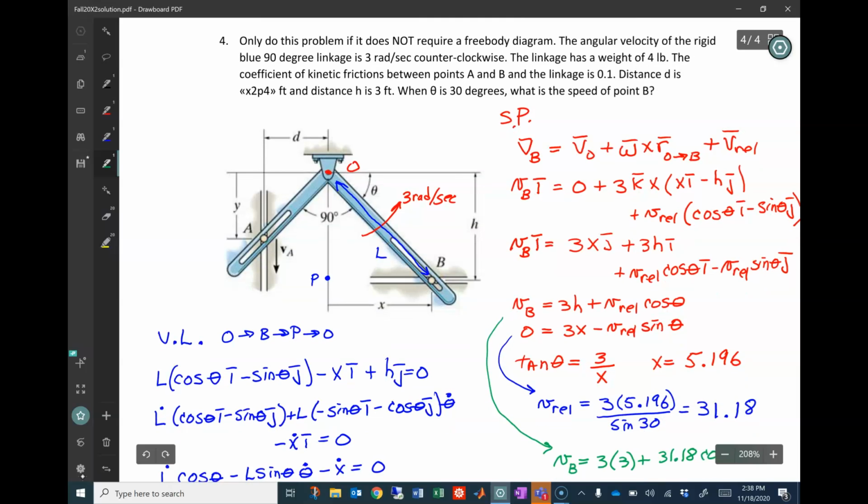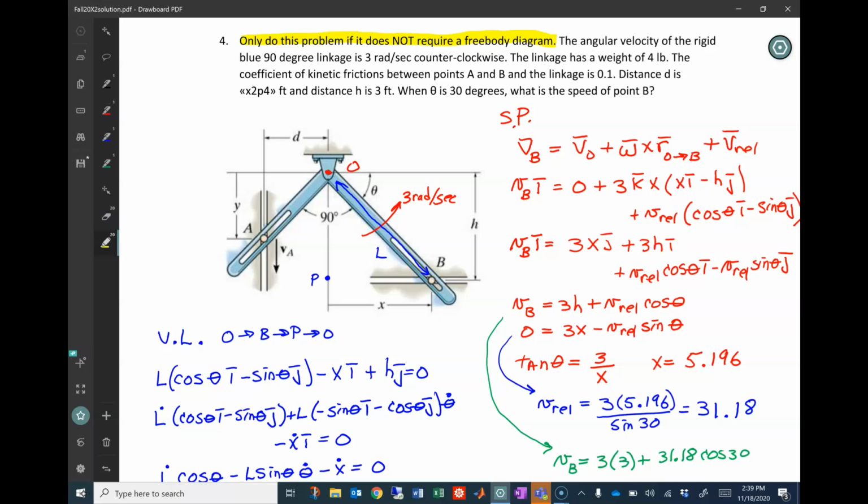Let me pause here. Okay, for this one, again, you were to do it if it does not require a free body diagram. So again, I'm just trying to get you to practice doing this because you're going to have to do it for the final. In this case, it's not a dead giveaway. I'm not asking for a force. So you count the degrees of freedom. It's 1 degree of freedom.